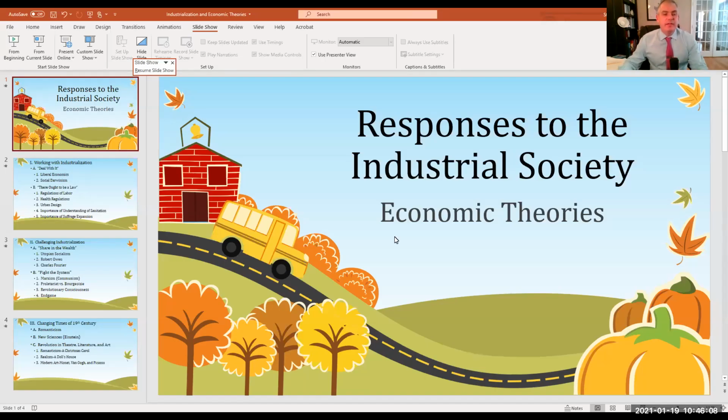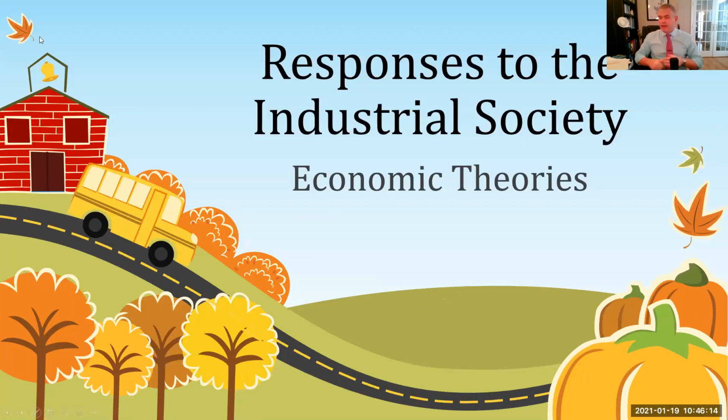Hello, everybody. Today, what we're going to be focusing on are economic theories that result from the industrial society. The basic idea is that industrialization creates a great deal of change within European society and American society and Japanese society and just about any society that it takes place in.